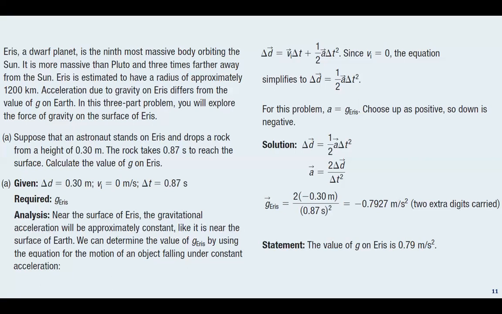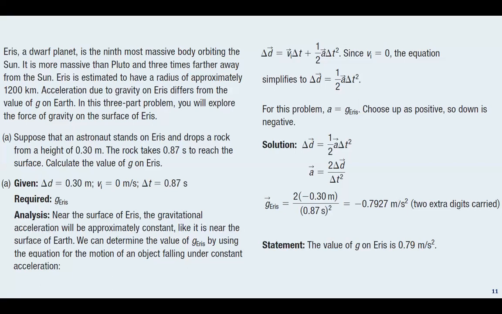Since we know the initial speed is 0, the equation simplifies to delta d equals 1/2 times the acceleration times delta t squared. For this problem, the acceleration is the number we want, which is g_Eris.